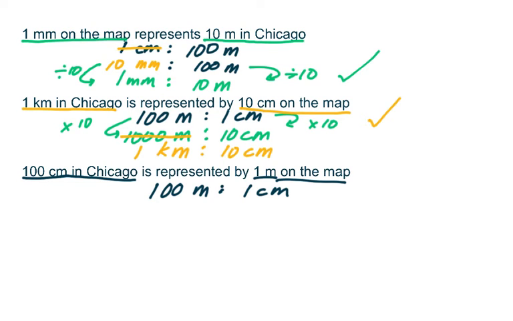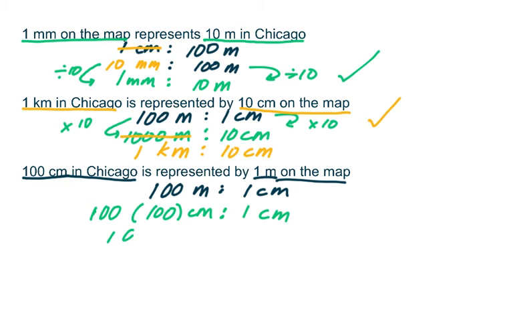Like something's already feeling not good here. So I was thinking about replacing, say, the 100 meters, what would happen if I turn that into centimeters, right? To turn this into centimeters, I would take the 100 meters times 100, because 1 meter gives me 100 centimeters, and that would be equivalent to 1 centimeter on the map.